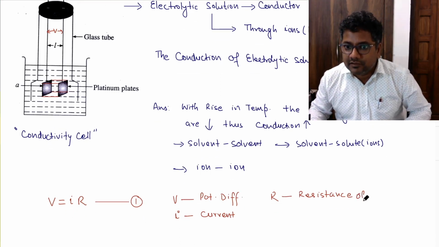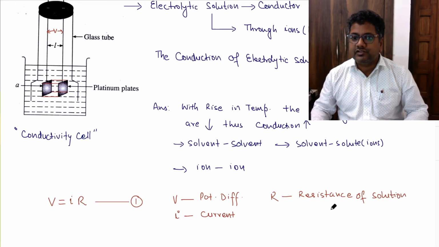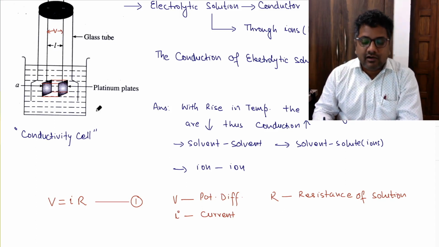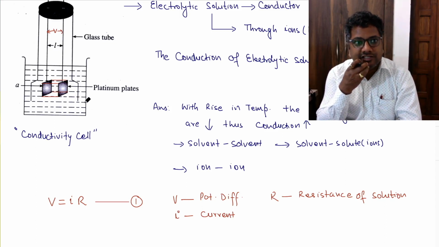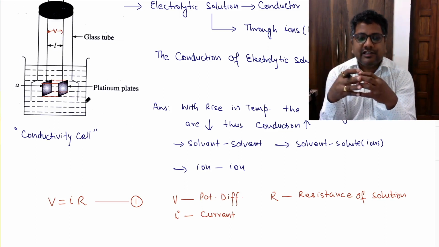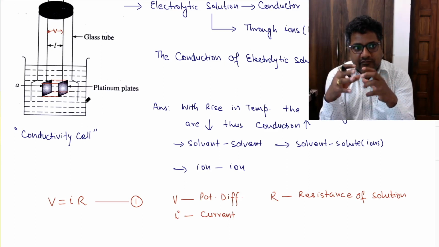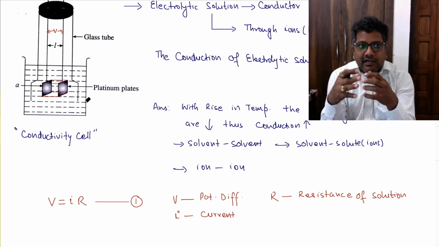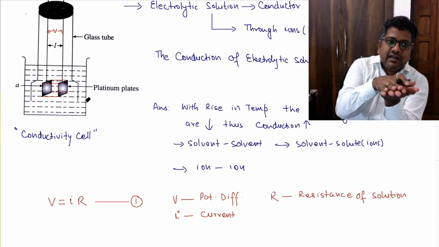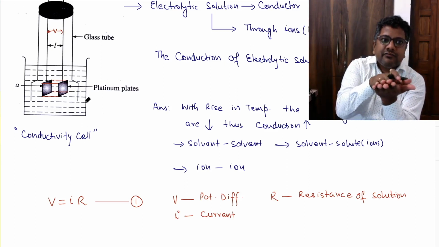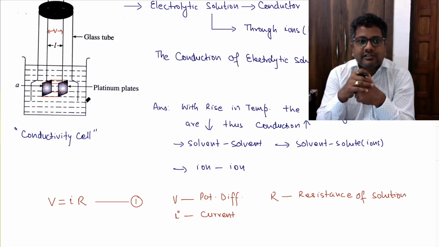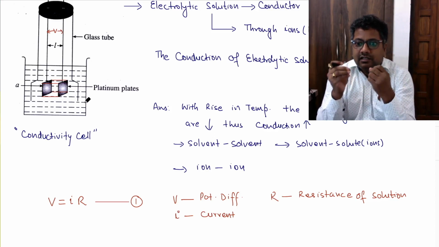Resistance of the solution having ions. They also offer some resistance, because when ions move inside the aqueous medium, every ion moves with its hydrated sphere, and when layers move like this, there is friction between the ions, and that offers the resistance. So R is the resistance of the solution.